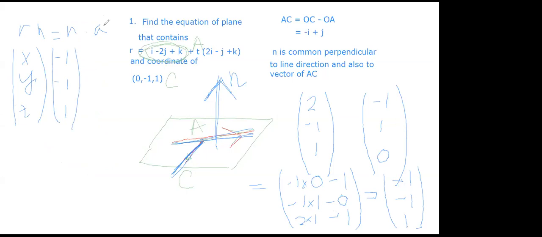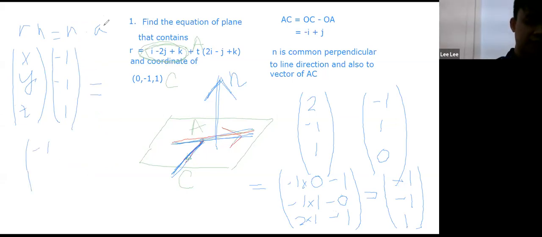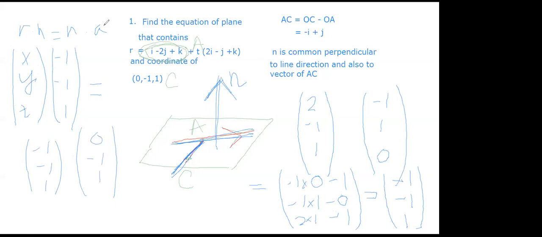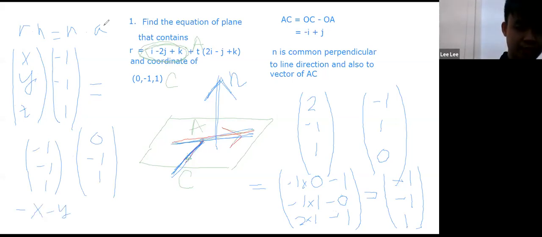For the a, there are two options now because there are two coordinates that you can use, either the coordinate of A or the coordinate of C. I use C. So the equation of the plane is given by negative x minus y plus z equals 2.